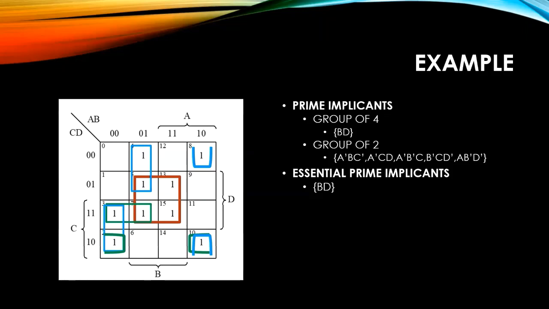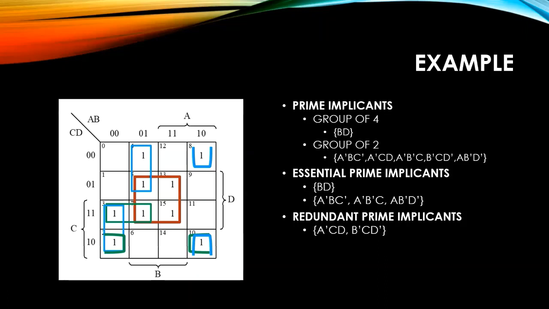Based on our analysis, we have 3 groups of 2, which are A naught B C naught, A naught B naught C, and A B naught D naught. Then the redundant prime implicants, we have 2: A naught CD and B naught CD naught.